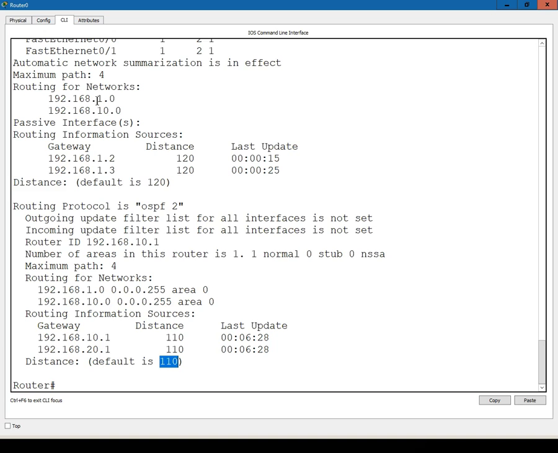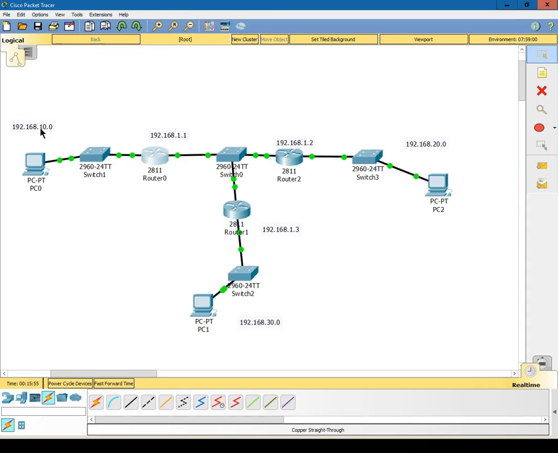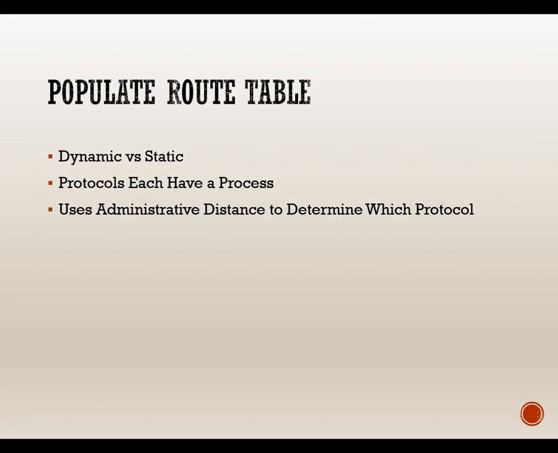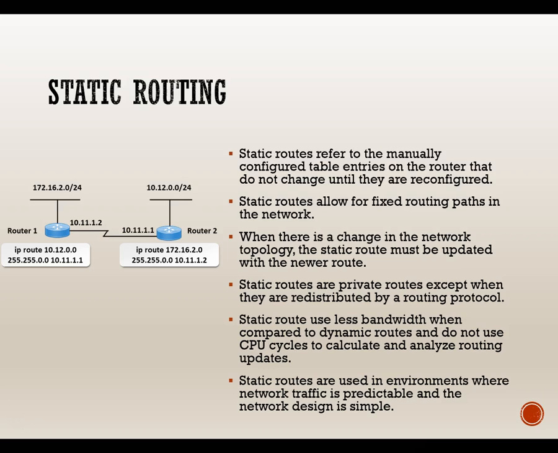So we have both of these operating, sending information about 1 and 10, but when we get to the router that has both of the protocols enabled, only the OSPF shows in the route table, although RIP is available there. So we have the capability to have more than one routing protocol running on each of these, and it uses the administrative distance to determine which one.